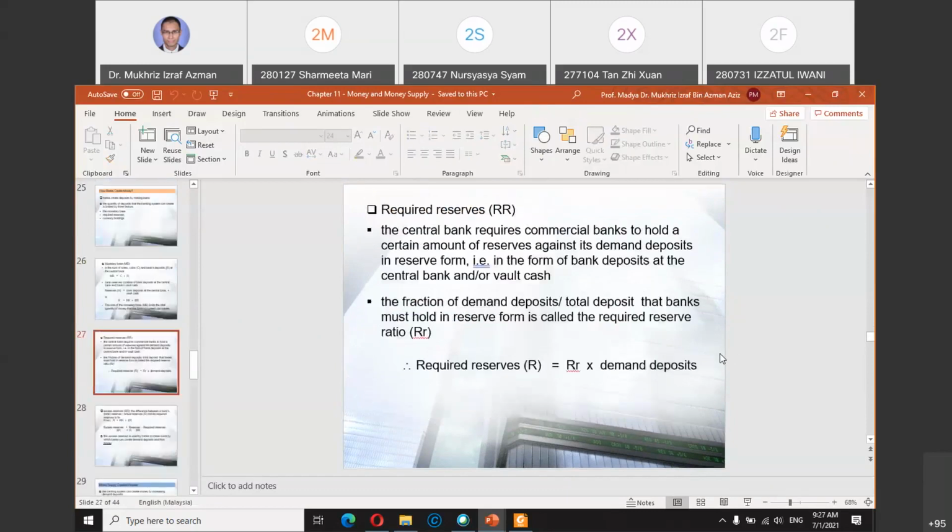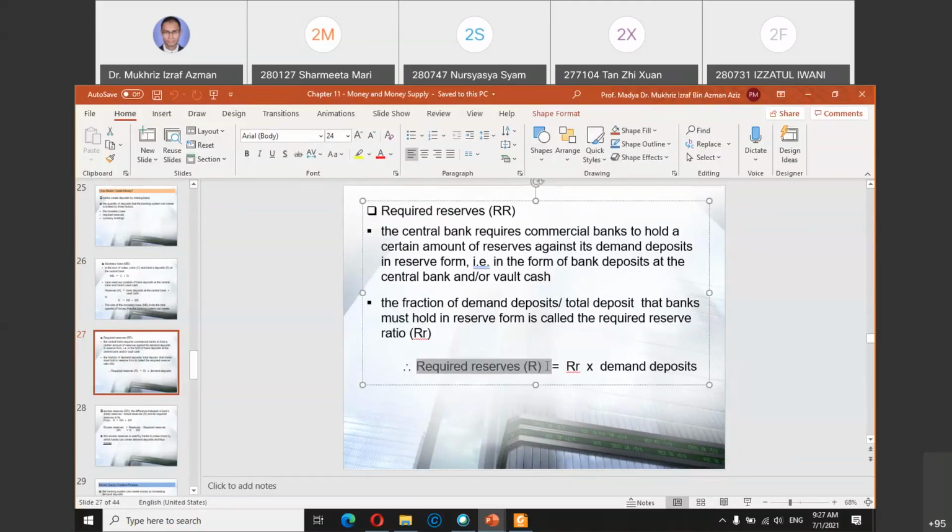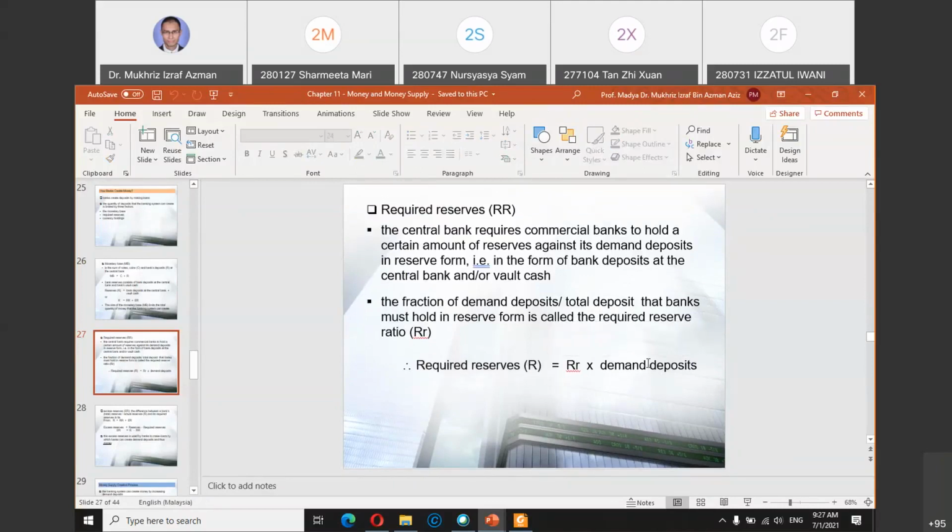So here is another concept which I'm not really sure whether you need to know everything. It depends on the type of question that you may see. But just be aware of the terms that appear in your slide. For example, required reserve is reserve ratio multiplied by demand deposit.